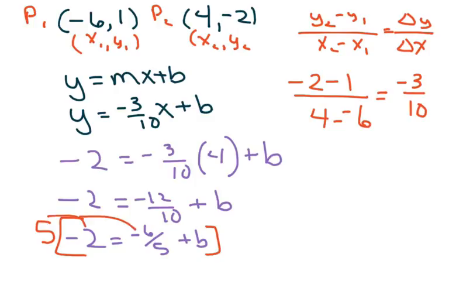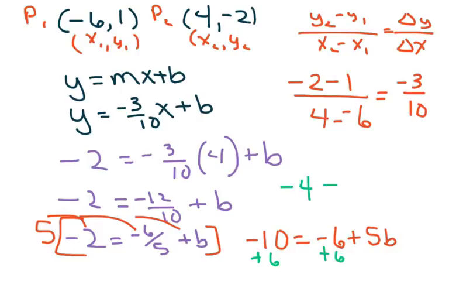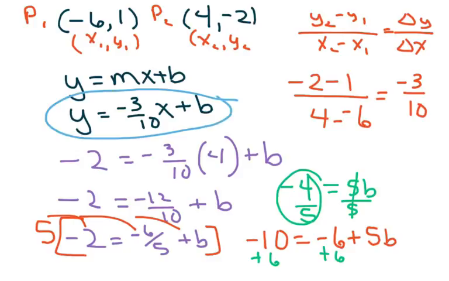You multiply each term by 5, and you get negative 10 equals negative 6 plus 5b. Add the 6 to both sides, so you get negative 4 equals 5b, then divide by 5. So your b is negative 4/5, and I'm sorry this is getting messy, so in the equation I'm going to erase my b and put in minus 4/5.